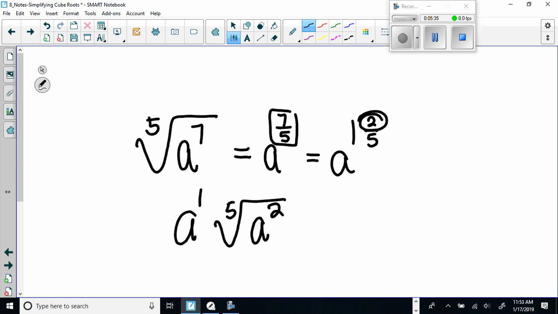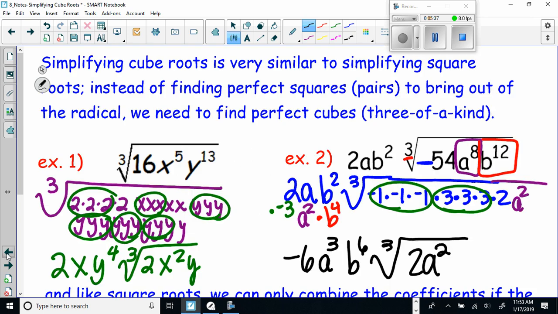But that's why I never expand. If I go back here, if I think about this a to the 8th, so a to the 8 divided by 3, 3 goes into 8 2 times with 2/3 left over. So this 2 here is the same as this 2 here.